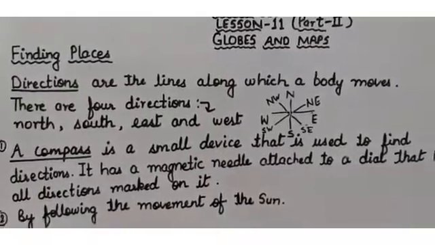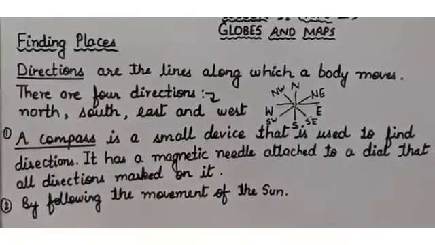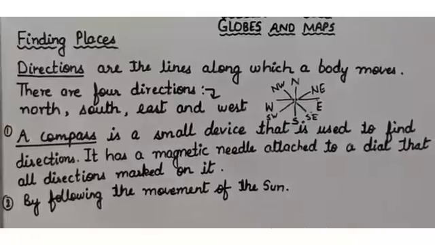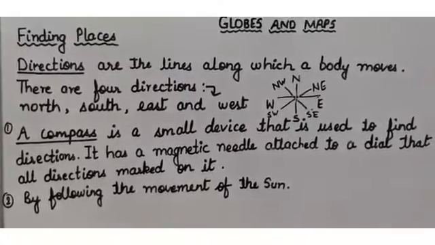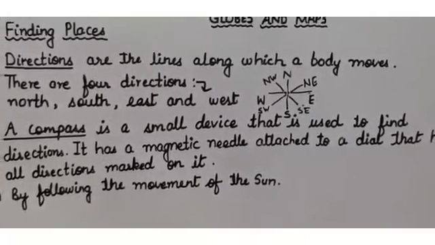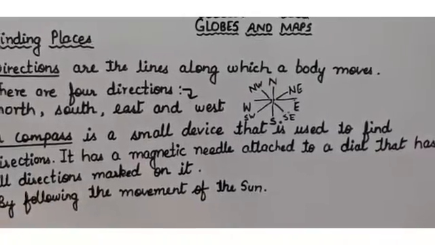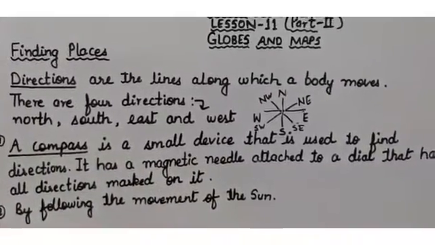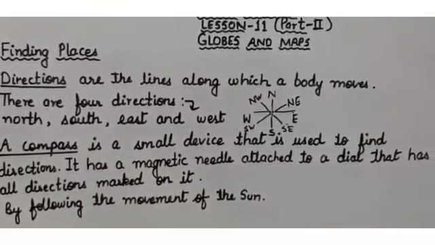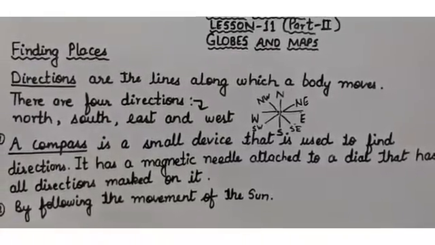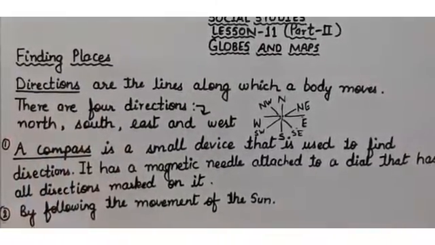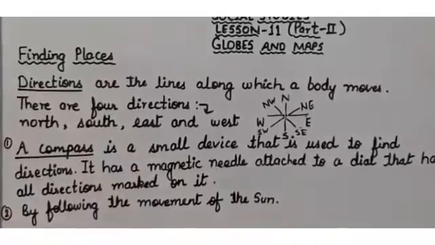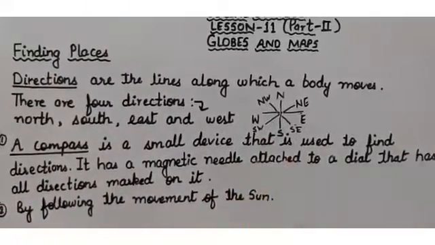So today we have learned about the differences between a globe and a map, about the types of maps, that mainly there are two types of maps, physical and political map. And after that we have also learned about finding places, means about directions, that there are four main directions and four sub directions also.